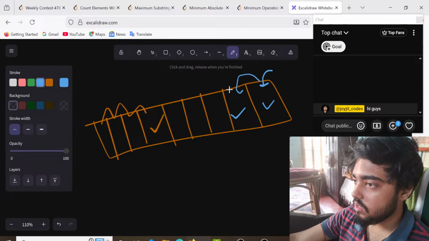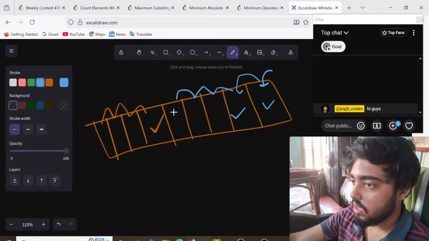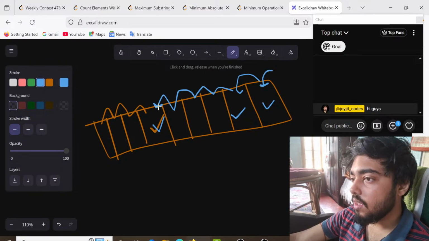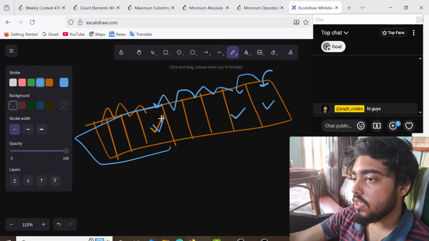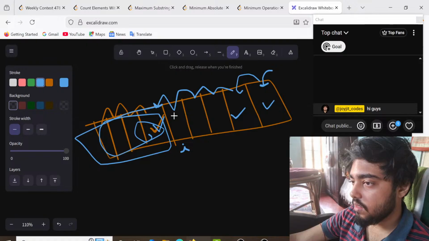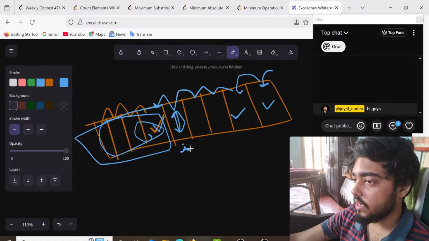And go on checking like this. The moment you find an element which qualifies, you stop the loop, and the number of elements from the beginning to this position is your answer. If this is position i, then your answer would be i, the position just after it, because it's zero indexed.